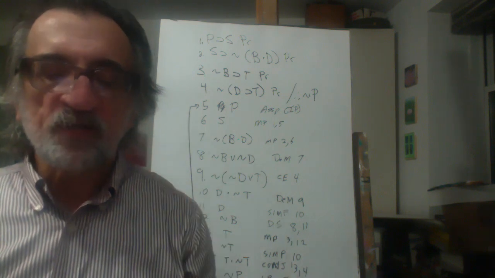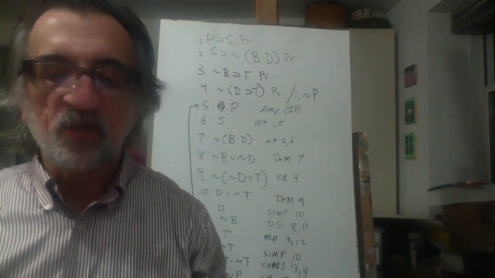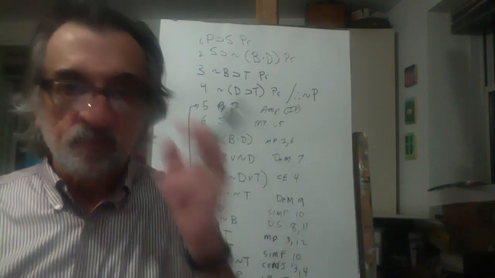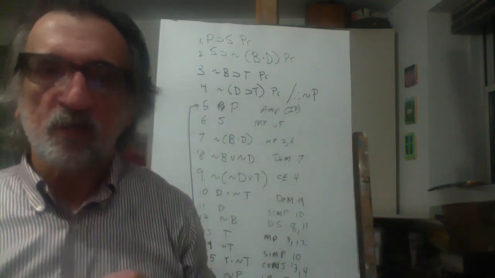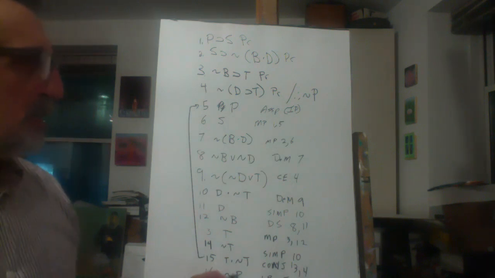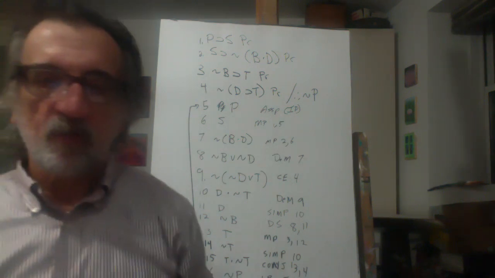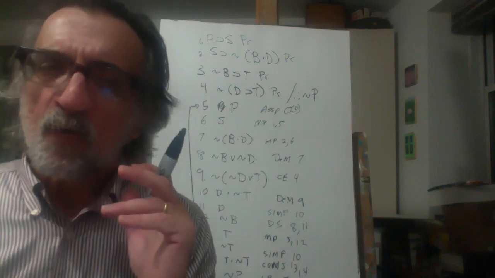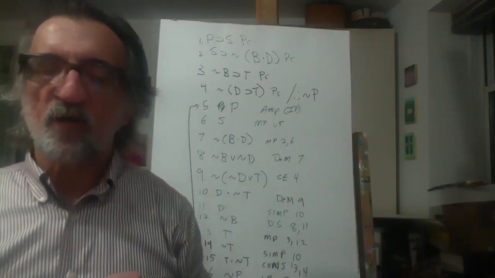We tried the alternative, we tried the negation. That didn't work. And therefore, we can infer the conclusion, the negation of P. Maybe this could be done in a quicker way.